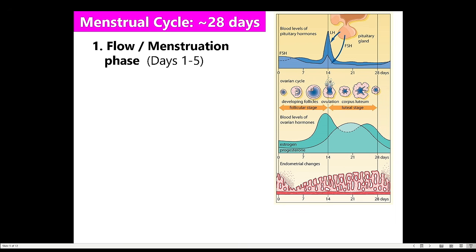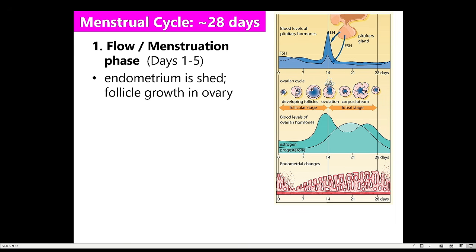Now what happens during flow phase? During this phase, flow phase or menstruation phase, endometrium is shed. Okay? It's understandable because may dugong lumalabas sa atin that is coming from the endometrium. That is the endometrium being shed out of a girl's or a female's body.